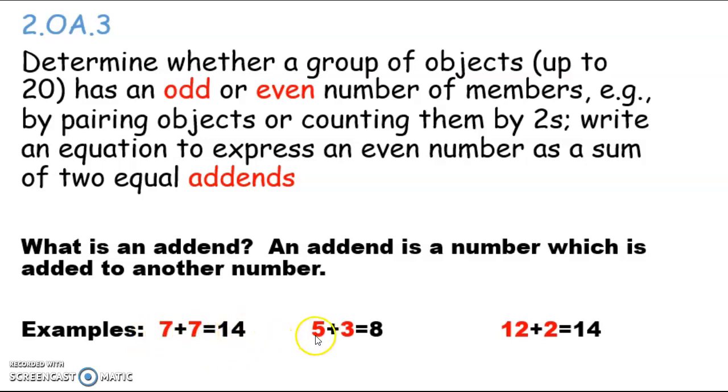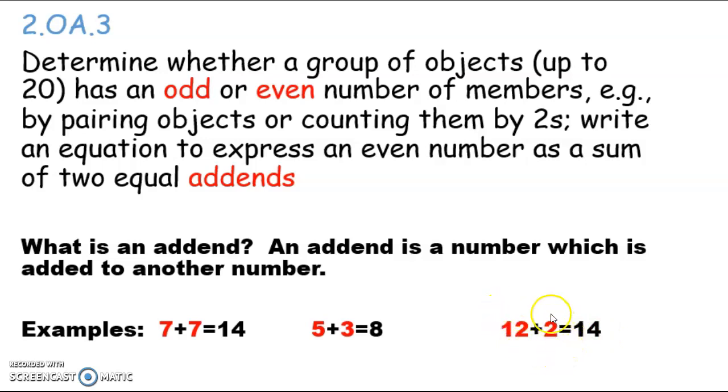In the next equation, likewise, the add-ins are highlighted in red. In 5 plus 3 equals 8, the 5 and the 3 are add-ins because they are being added to each other. And last but not least, 12 plus 2 equals 14.